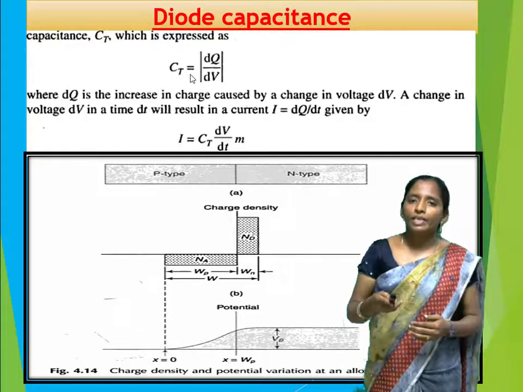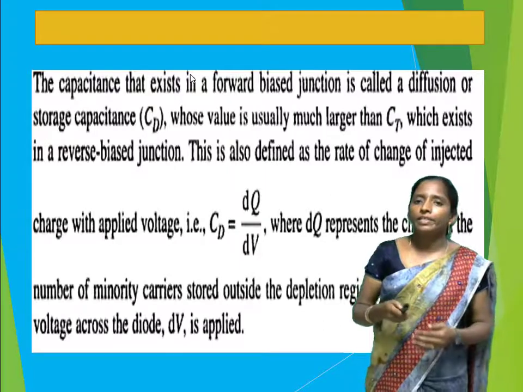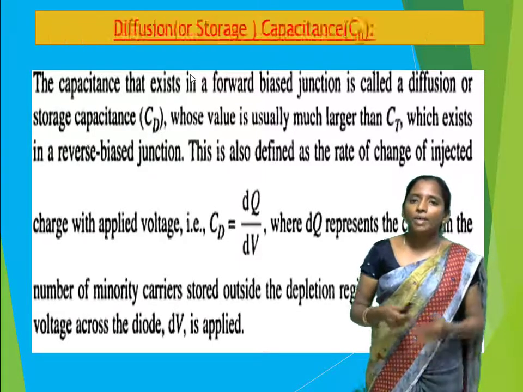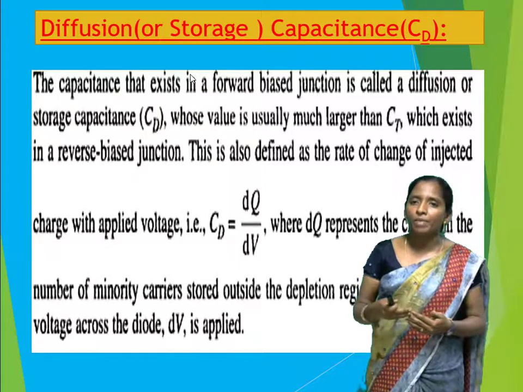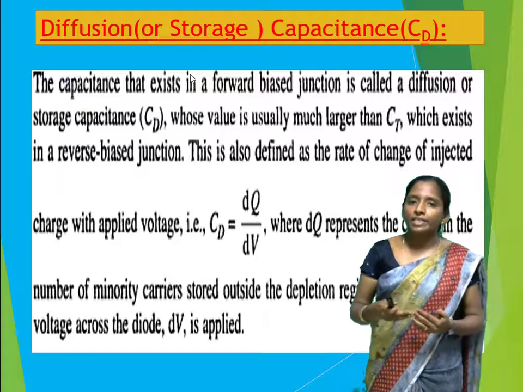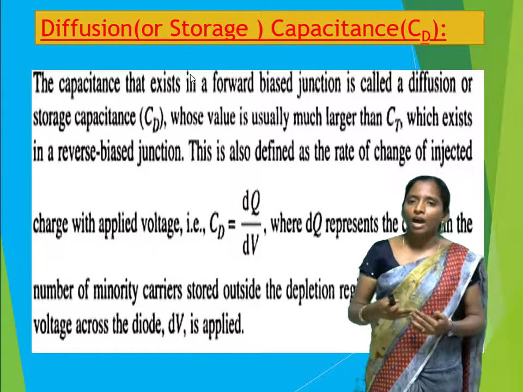Here we have to measure the diode capacitance. The capacitance that exists in the forward bias is called diffusion capacitance. Another capacitance is the diffusion or storage capacitance, represented with CD. This capacitance appears in the PN junction diode under forward bias condition.